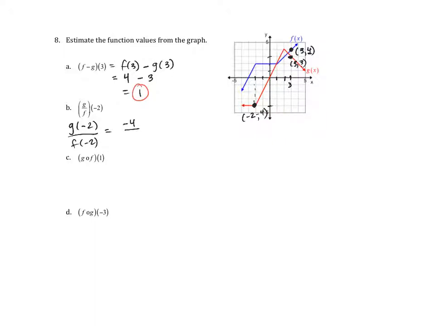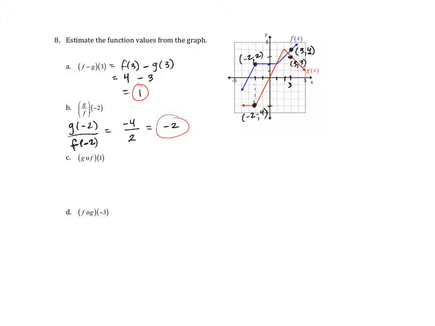And we do the same thing here with f, and that is the ordered pair negative 2, and the y value there is positive 2. Okay, so when I look at my f function and put in an x value of negative 2, the output, the y value, is 2. And then I can simplify that fraction.